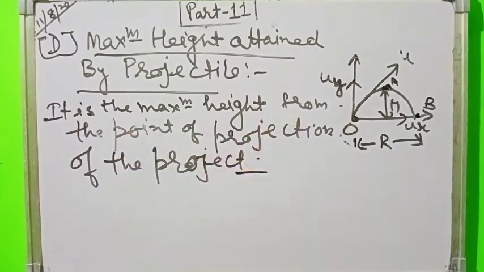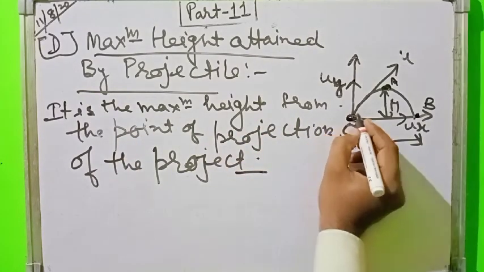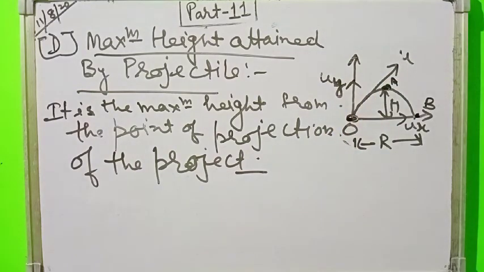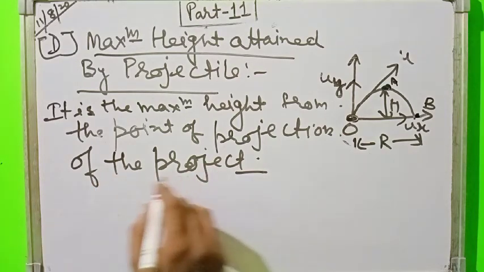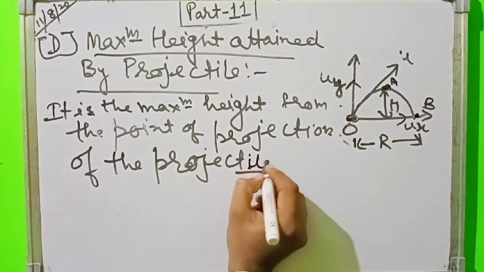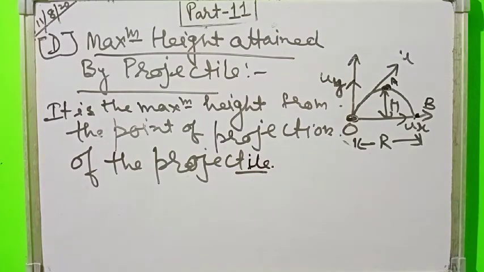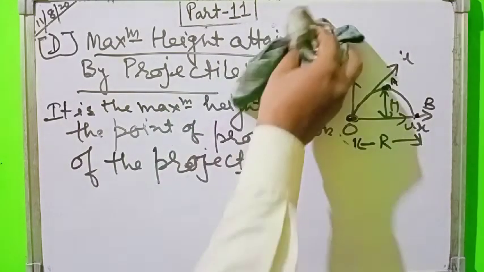It is the maximum height from the point of projection, and the maximum height is at point A. So using the third equation of motion, you can calculate it.